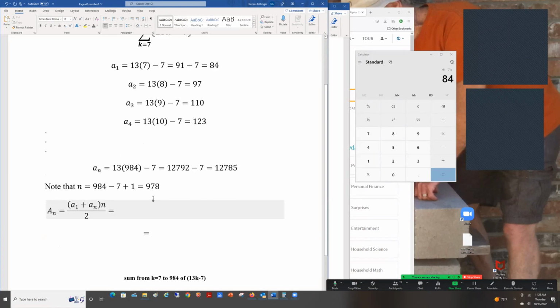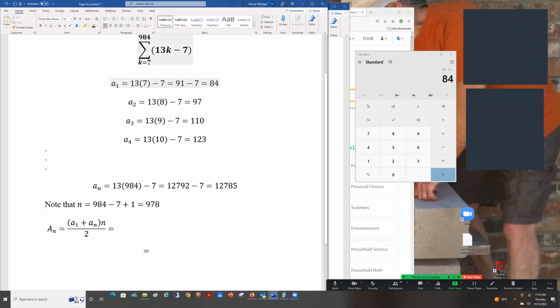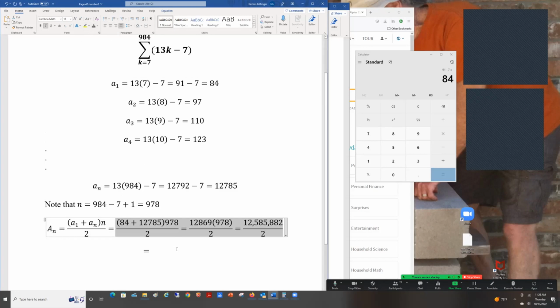So now that we have the first term, which is 84, that's what you get when you plug in 7, and the last term, which is 12,785, now we can use our cute little formula from page 40, I believe.